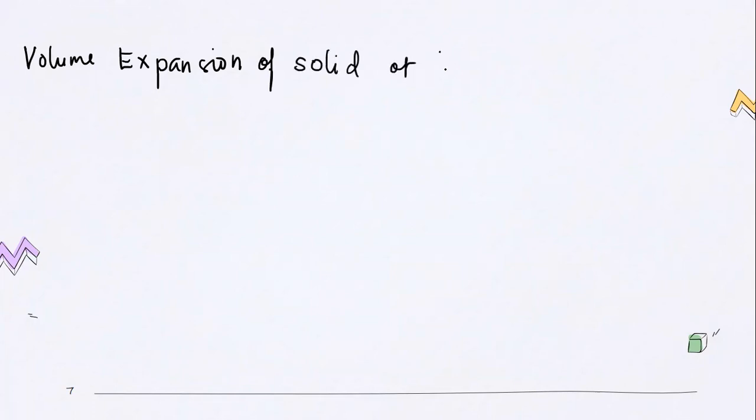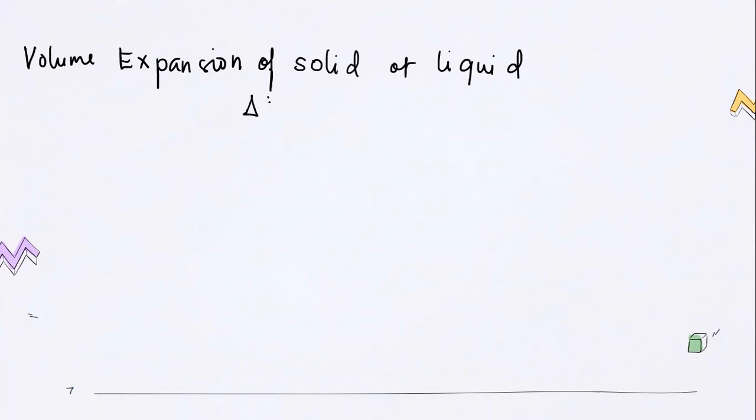Next, we have the volume expansion of solid or liquid.